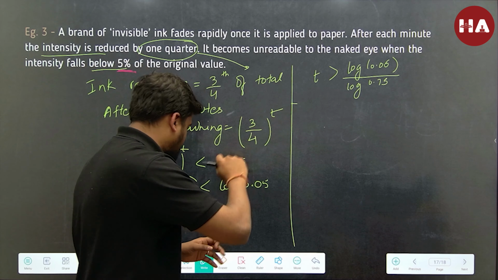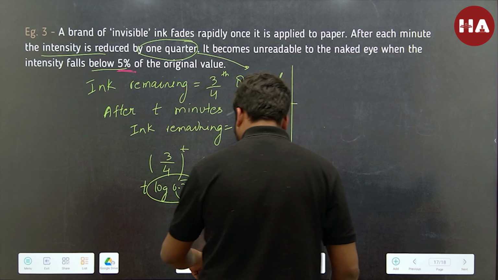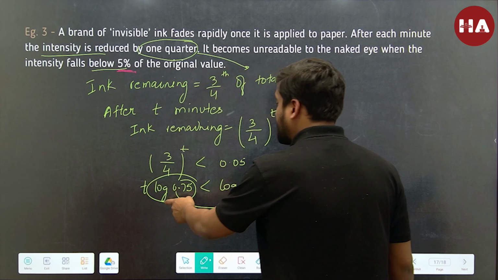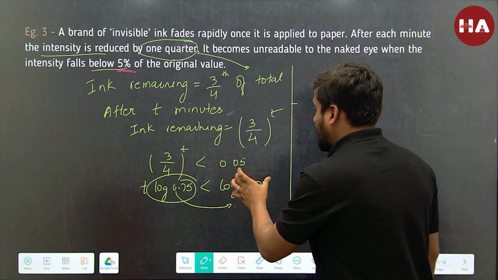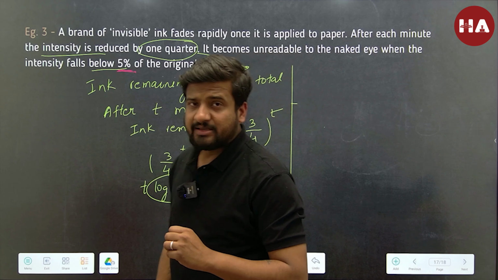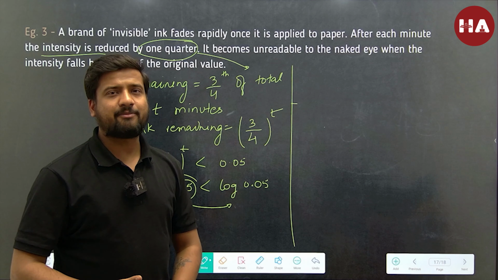So what we are going to do is, we are not going to do this step first. Rather, we'll find the value of log 0.75 and log 0.05, and then we will divide and change the sign at the same time.